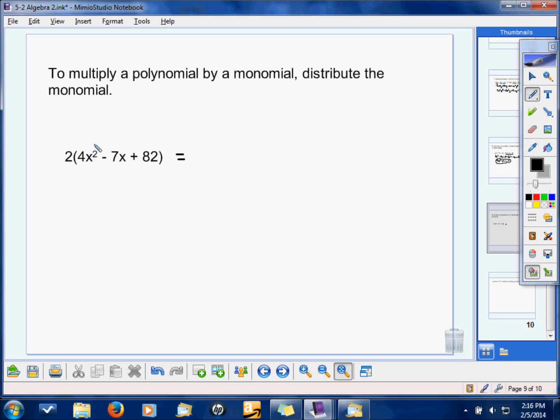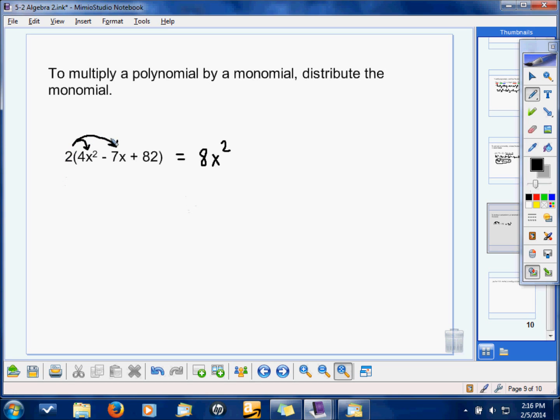So when it's just a single number, it becomes pretty simple. I take 2 times this first, and that gives you 2 times 4, which is 8x squared. When you have a simple number, you're just multiplying, distributing it, making sure that each piece of the polynomial gets its part.